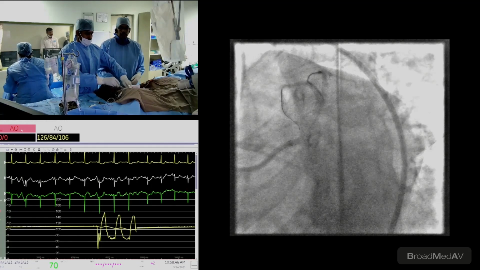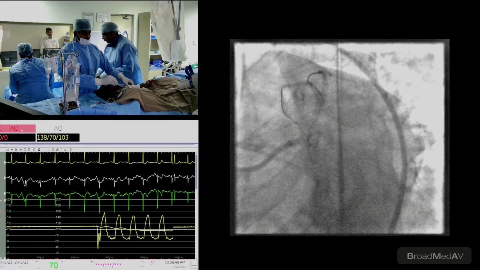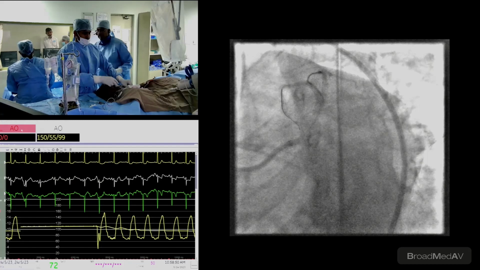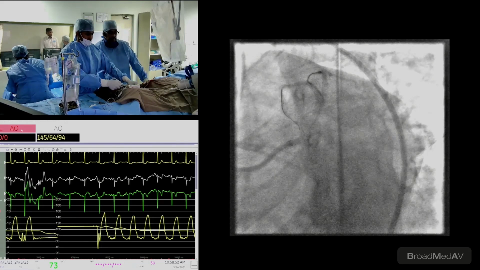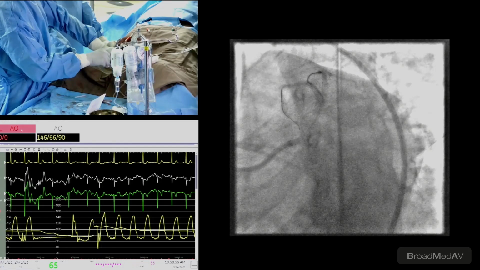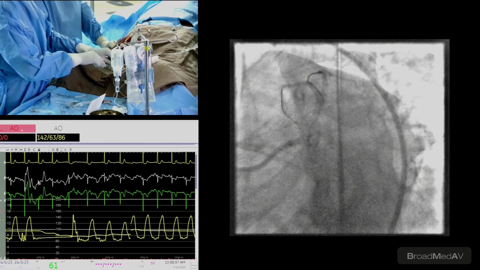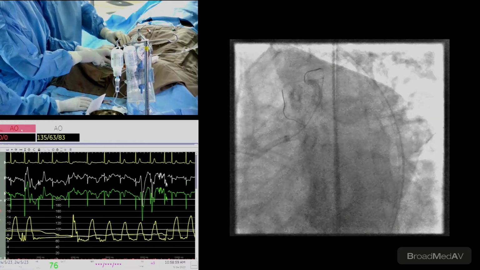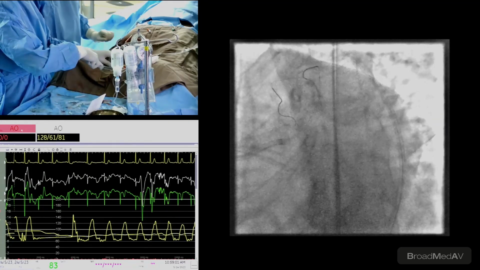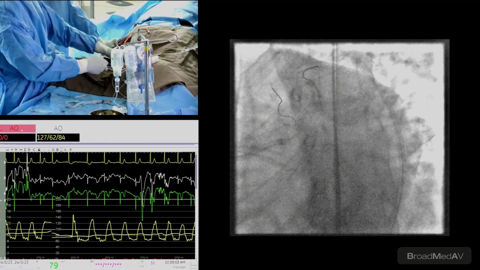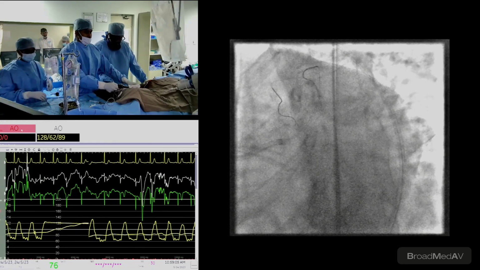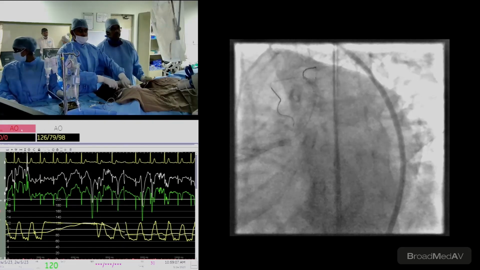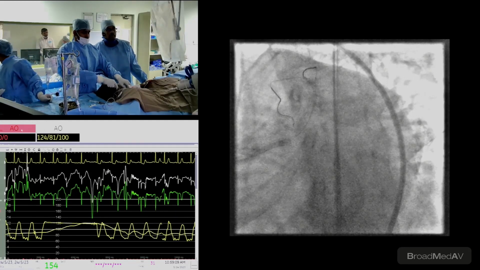Sometimes the POT itself will open up the diagonal because the stents will get apposed to the side of the bifurcation, so we can sometimes get a good flow there. So please get ready with the OCT. This ventricularization is because of nicorandil also. And now it has disappeared.